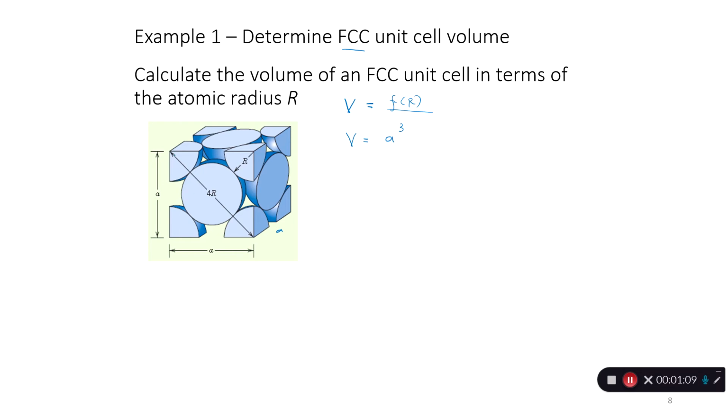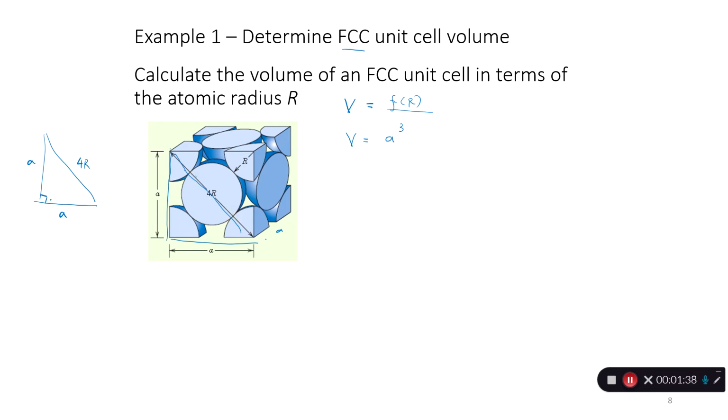So for FCC, it's quite simple. We take this triangle, and we take that out, and this is a, and this is 4r. Where do we get 4r? Because this line is filled with atoms. So it's 1r, and then this is a whole circle, so there's 2r here, and another r, so that's 4r.